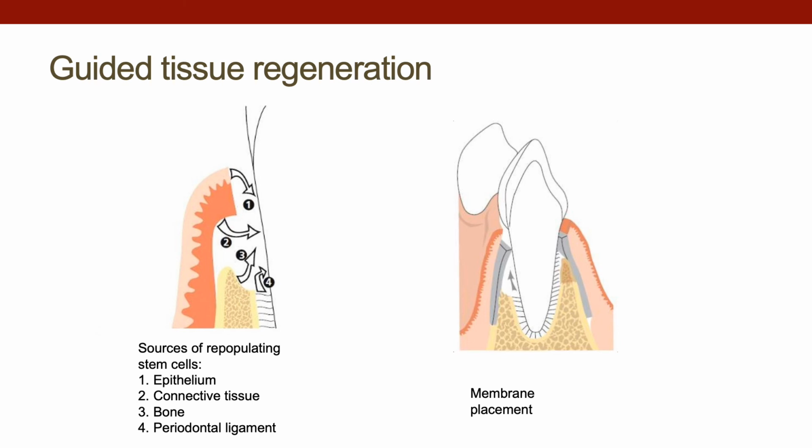And so on the right-hand side, you can see a membrane has been placed so that the lower parts are repopulated with stem cells from the bone and the periodontal ligament rather than from the epithelium or connective tissue, to try to get restoration of the bone following the periodontal surgery with a membrane approach.